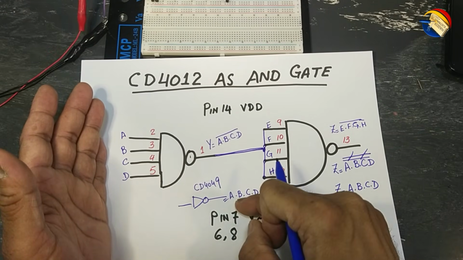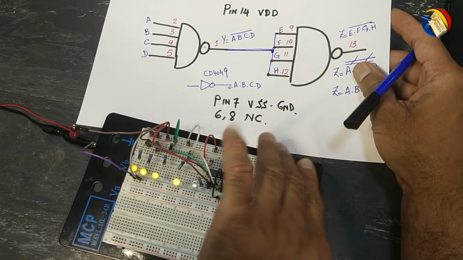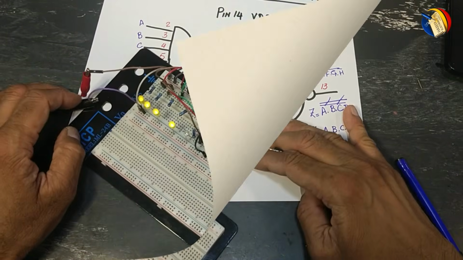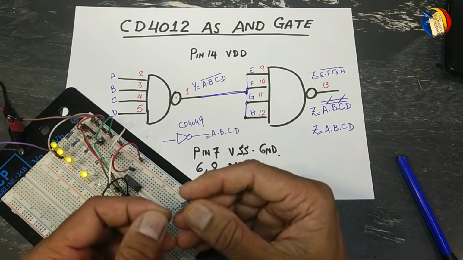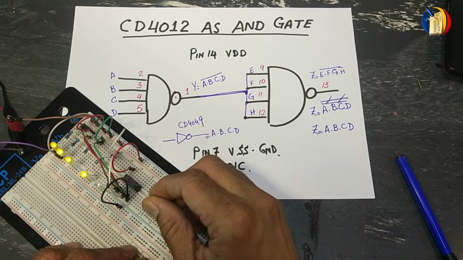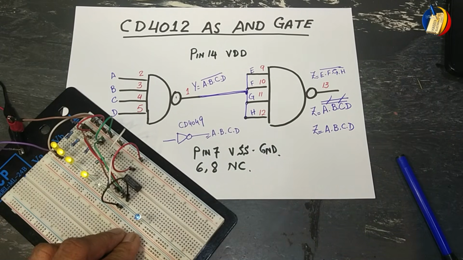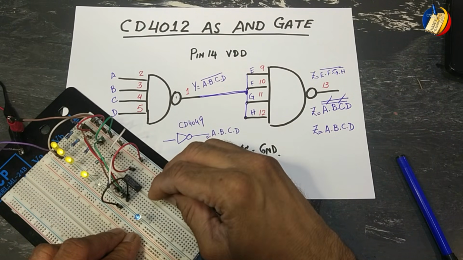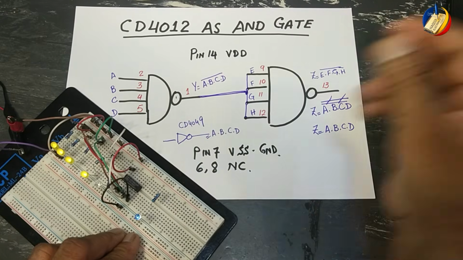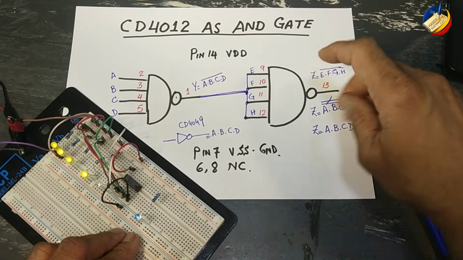That will work as an inverter. This LED has its cathode grounded, with one resistor at the anode. We will take output from pin number 13.